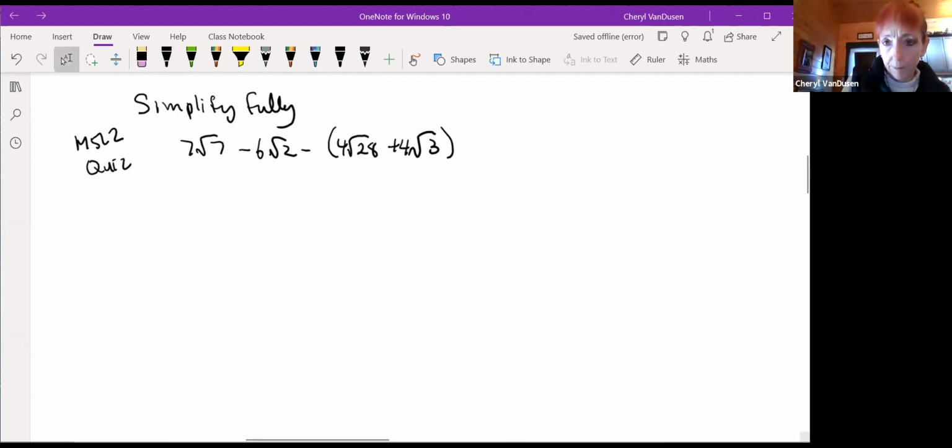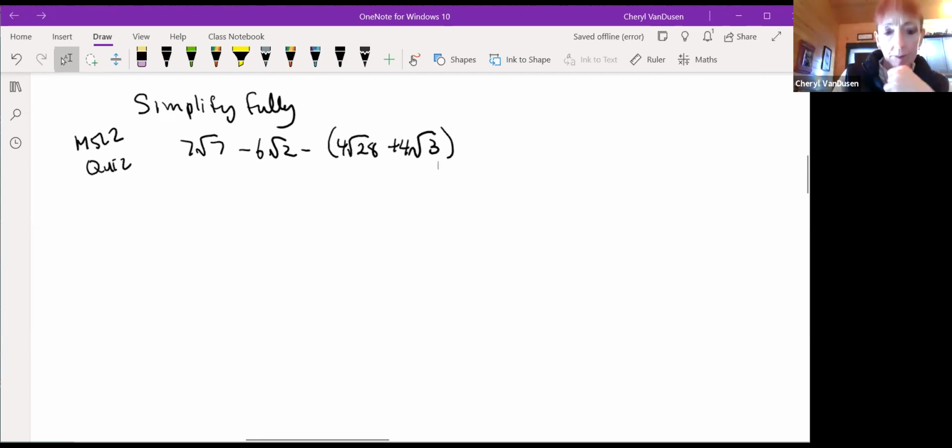Let me just go double check it before we blast off in it. Oh yeah, I think that's right. 7 root 7 minus 6 root 2, minus bracket 4 root 28 plus 4 root 3. All right, rock and roll. Careful of the brackets, careful of the subtraction sign. See what you can do with it. And then I'll come back on the audio in a second.